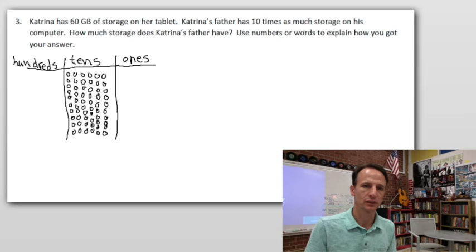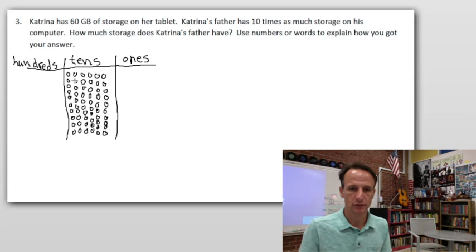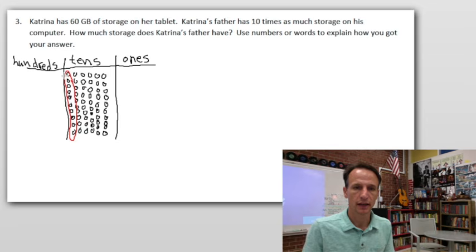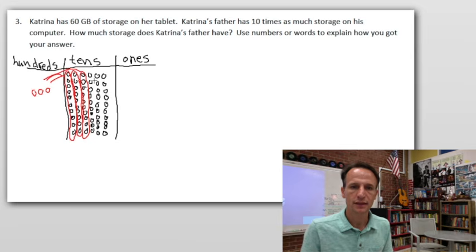Okay, so now let's bundle these up. All right, so now I'm switching to red. Okay, so I'm going to take these 10 tens, and that's 100, isn't it? And these 10 tens, that's 100. And these 10 tens, that's 100. And these 10 tens, I do my own sound effects.